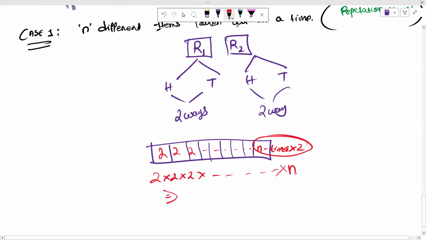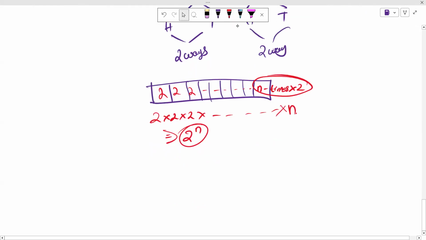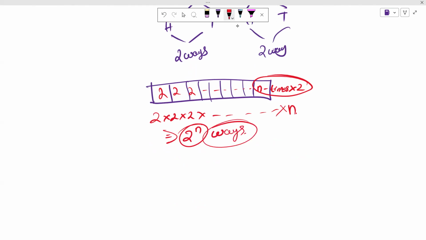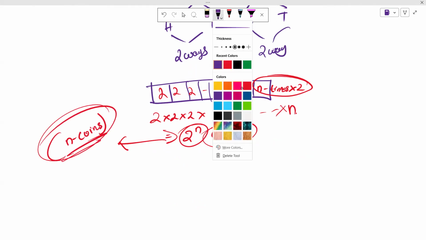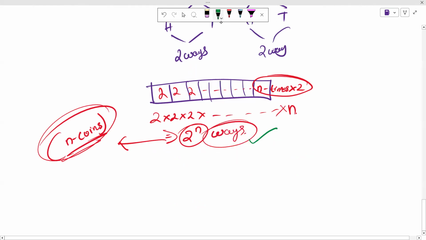So you will say 2 to the power n. 2 to the power n number of ways are there for n coins. So if anybody asks you, if you toss n coins, what is the number of ways? That is a conceptual question. GATE is all about conceptual questions. The answer is 2 to the power n. Right?